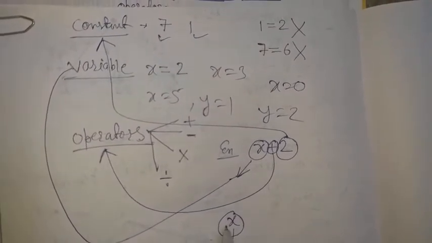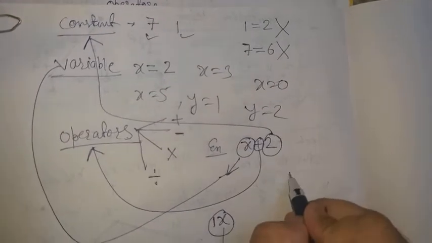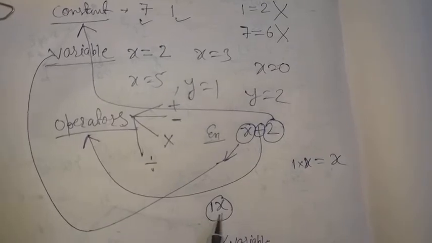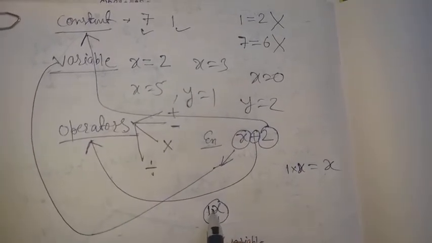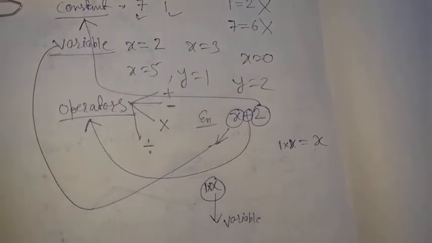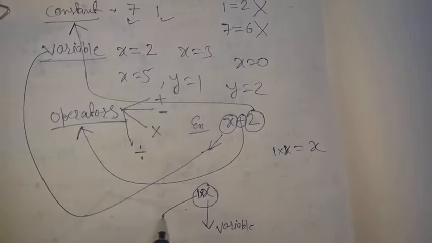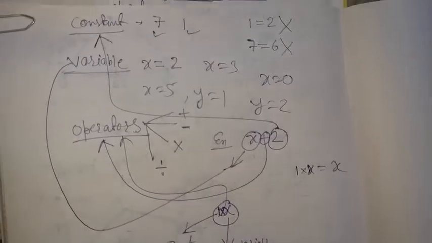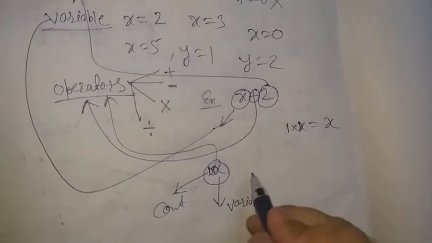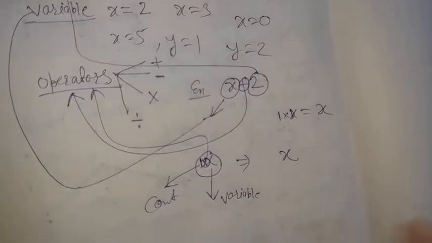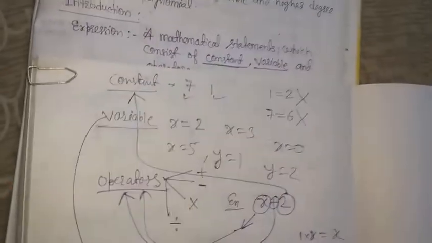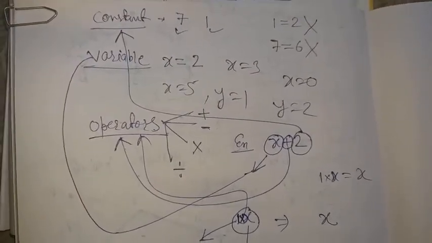If nothing is there, 1 will be there. We can write 1 into x is what? x. So 1 is there, and in between 1 and x, what is this? Multiplication sign. So 1 is a constant, the multiplication sign is an operator. So we can say that x is an expression.